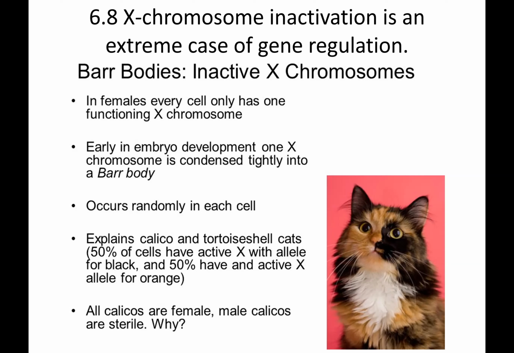So you're only going to see this in females, generally speaking. If they have 2 X chromosomes, one X chromosome is inactivated and condensed into what we call a barr body. Which X chromosome becomes inactivated is completely random from cell to cell. This explains why we get these neat color patterns and blotches in calico and tortoiseshell cats. You have these barr bodies created, and in different areas a different X chromosome is activated, which can determine the color.